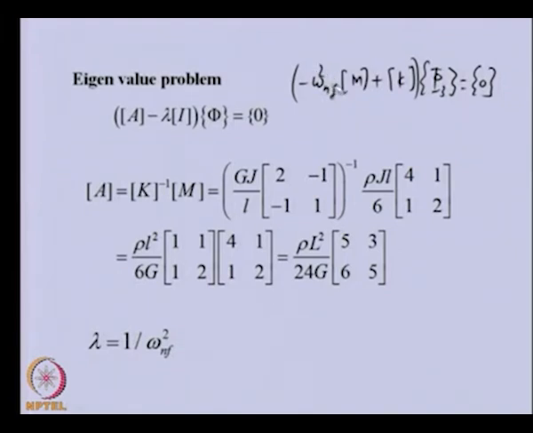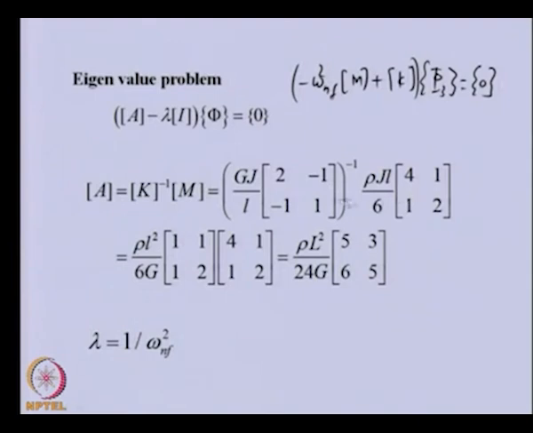Then you can see that k inverse into m is the A matrix, and lambda is 1 by omega nf square, because I have divided throughout by omega nf square. Because there is no other term, this is the identity matrix, and the A matrix is the inverse of k into m.